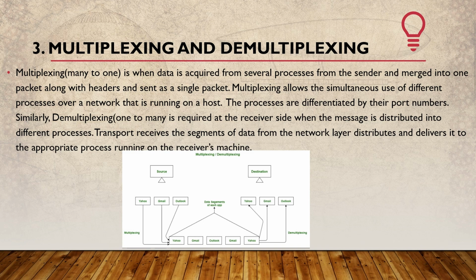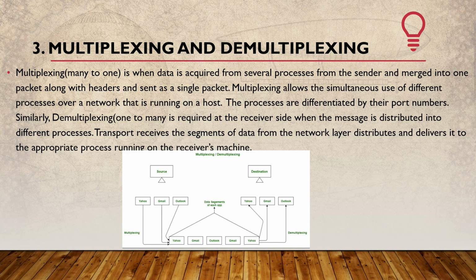The processes are differentiated by their port number. Similarly, demultiplexing, one to many, is required at the receiver side when the message is distributed to different processes.